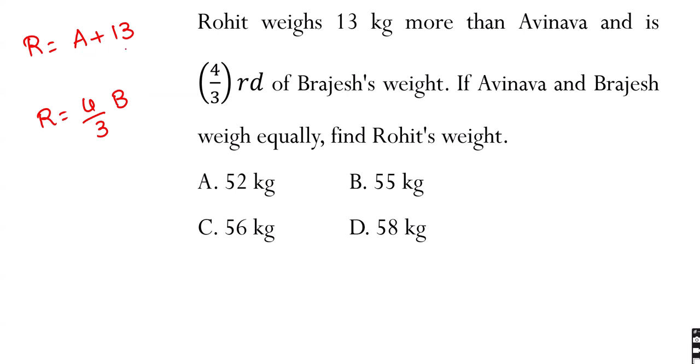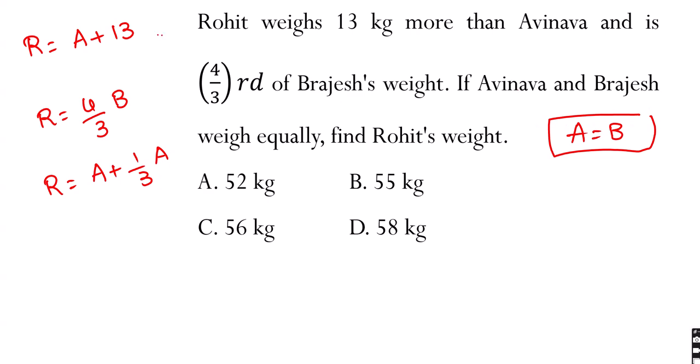Means here 13 is extra. As both are equal, I can write 4 by 3 A as A plus 1 by 3 A. A and B are equal as per the question. Means whatever extra one third is, it is equal to 13. A will be equal to 39. Then Rohit will be A plus 13, which is equal to 52.